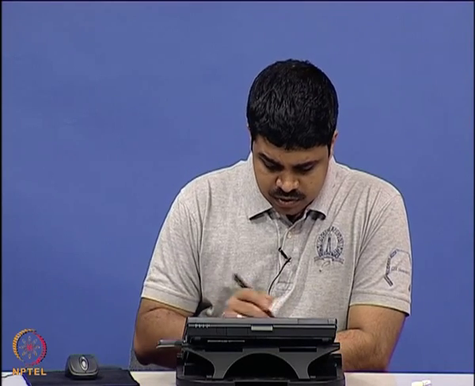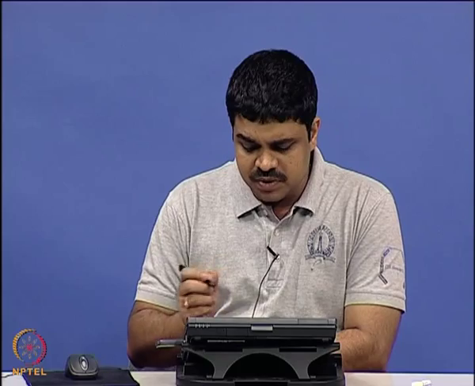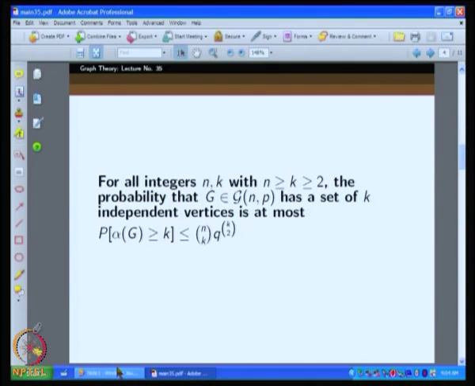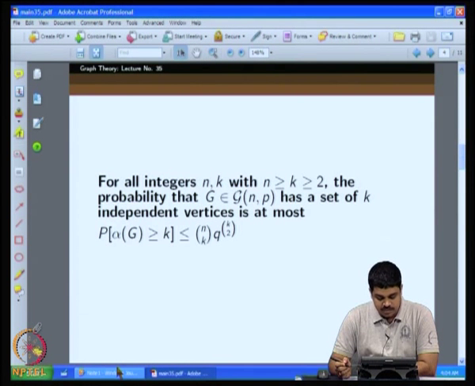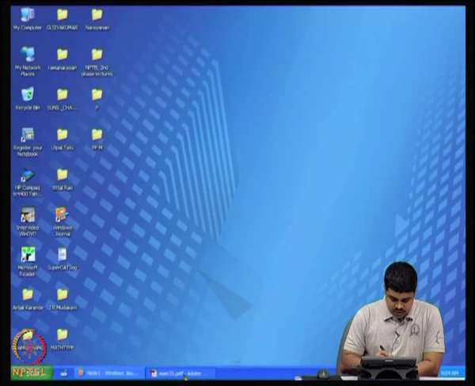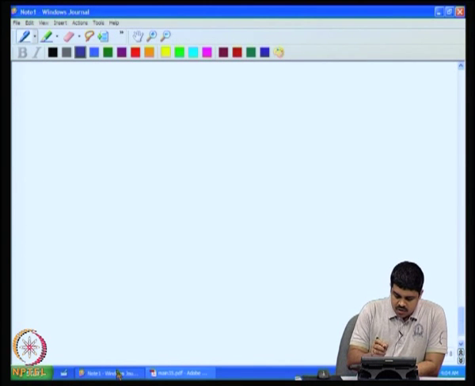Now, the next point is to do some examples. For instance, we can think of this question: what is the probability that a random graph G, an element of G(n,p), has a set of k independent vertices? How can I calculate it? In fact, if I want a good upper bound for it, this is the way we do this.